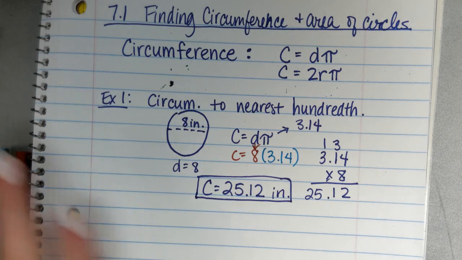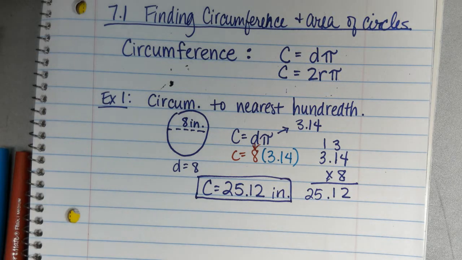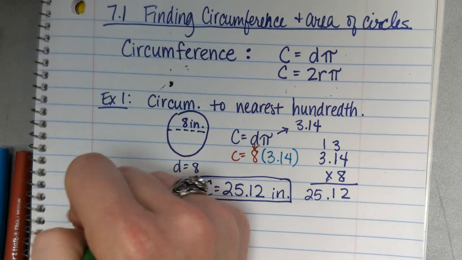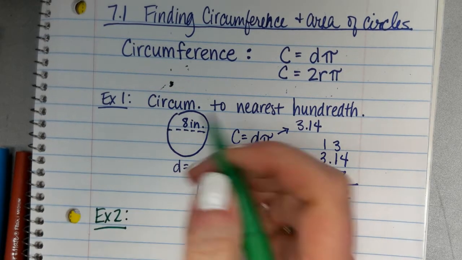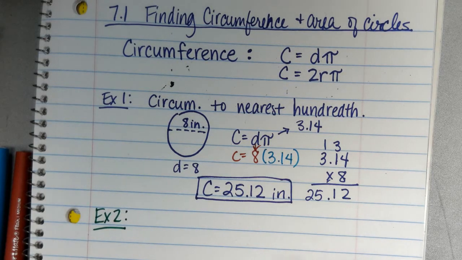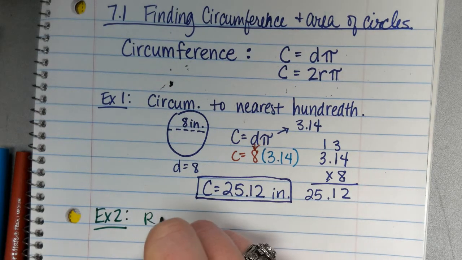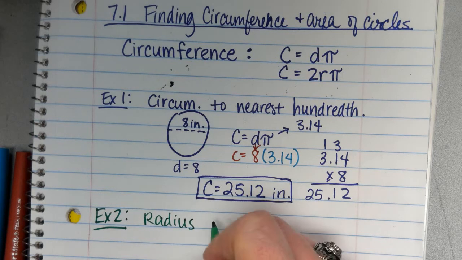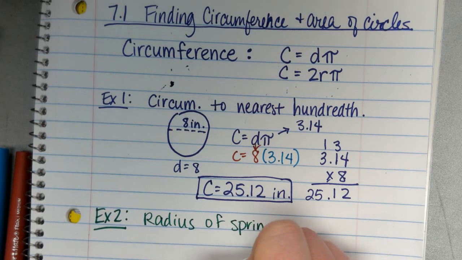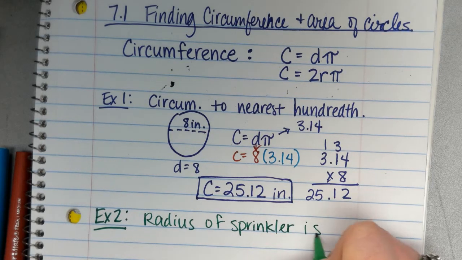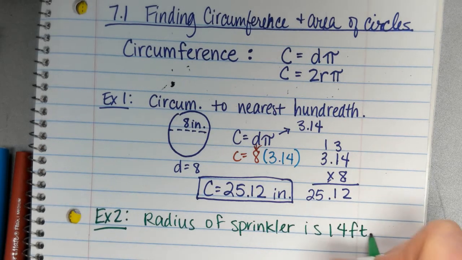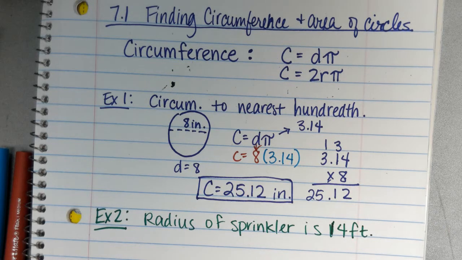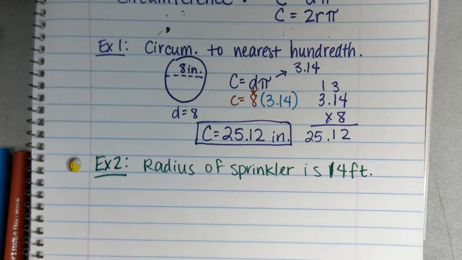Okay, so let's do another example, and this time I'm going to give you the radius. Example 2. Alright. The radius of a sprinkler is 14 feet. It's a 1. Okay, it's 14 feet.